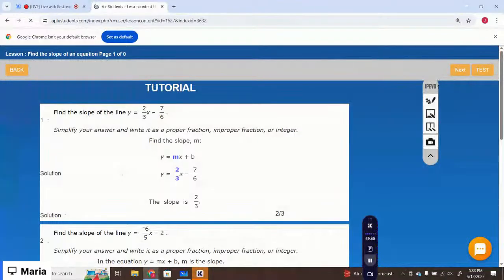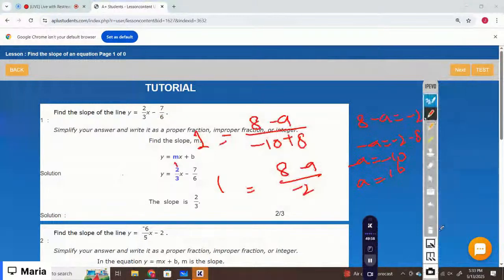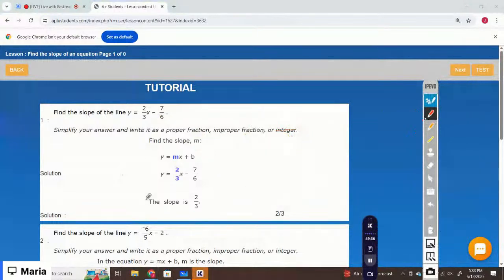Find the slope of the line y equals 2 by 3x minus 7 over 6. So the slope is 2 by 3. The equation is y equals mx plus b. So m equals 2 by 3.